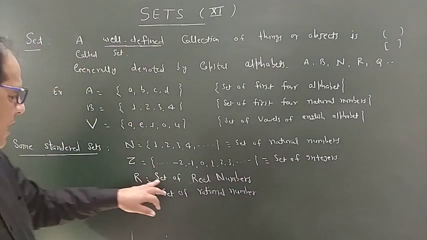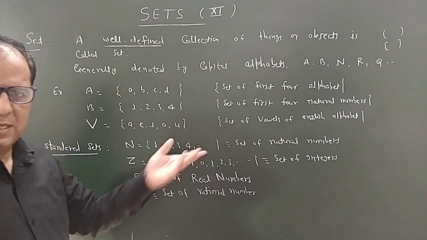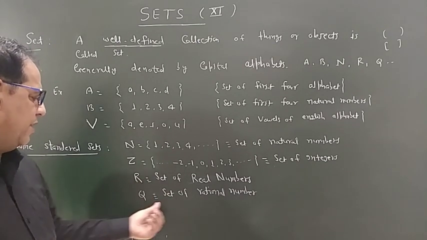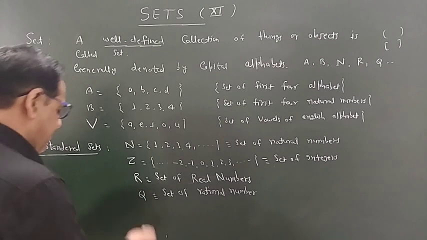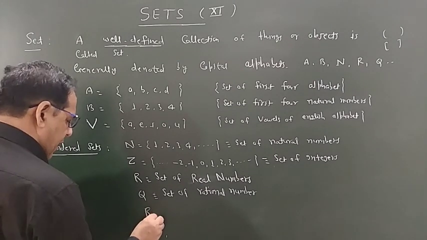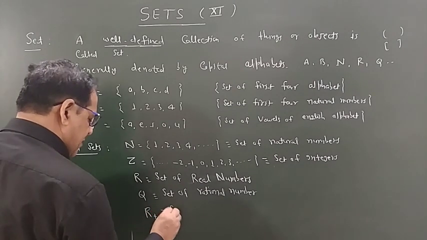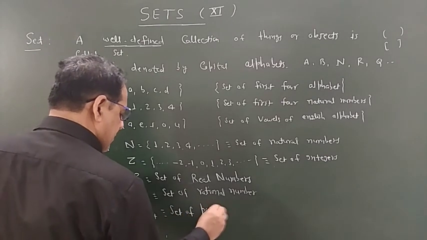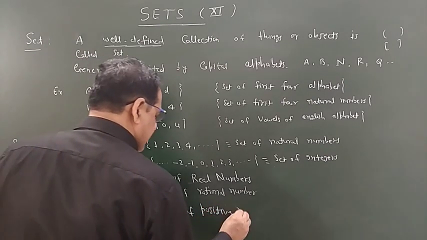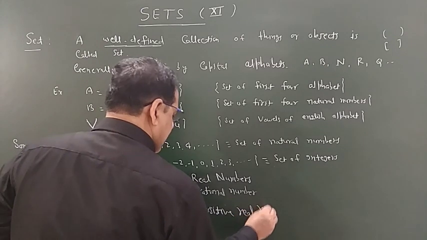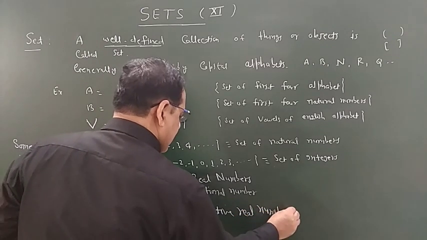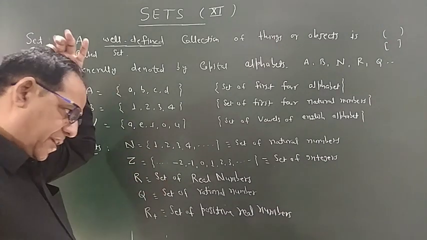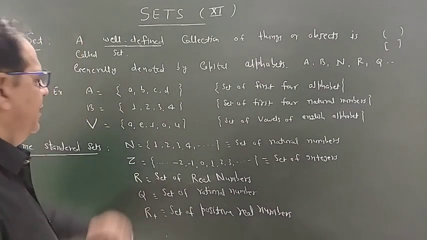We know well about the real numbers. All numbers that can be represented on the number line are called real numbers. Q, set of rational numbers. Also R plus, set of positive real numbers. So these are some standard sets that can be used in our mathematics normally.